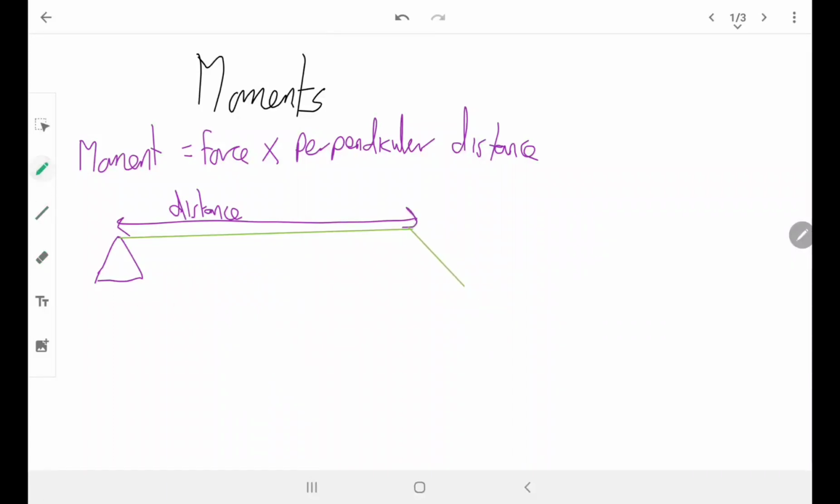What we'd have to do is look at the different components of it. And this is a right angle triangle. You might have an angle, and you might have to use SOHCAHTOA.